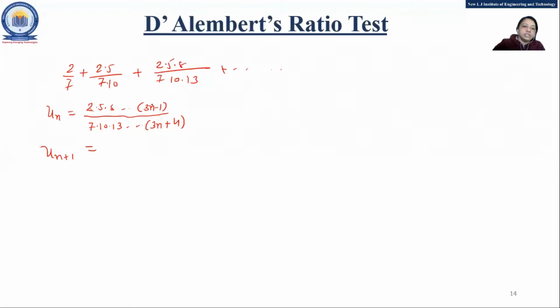If you do it, you will get this. n equal to 1, you will get the first term. n equal to 2, you will get the second term, like that. Same for this, because it will start with 7. That's why 3n plus 4. Fine. So un plus 1 can be written as 2, 5, and obviously we are writing the last one, 3n minus 1.